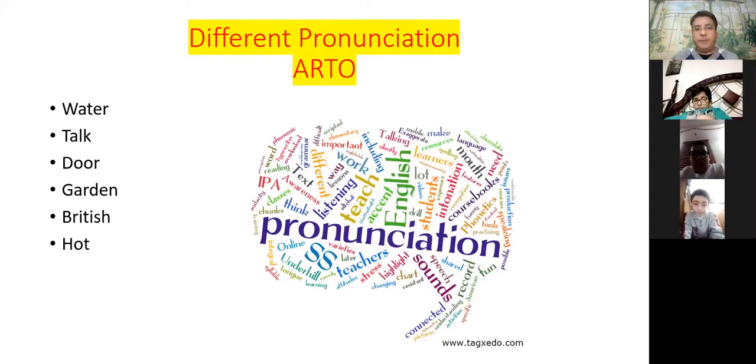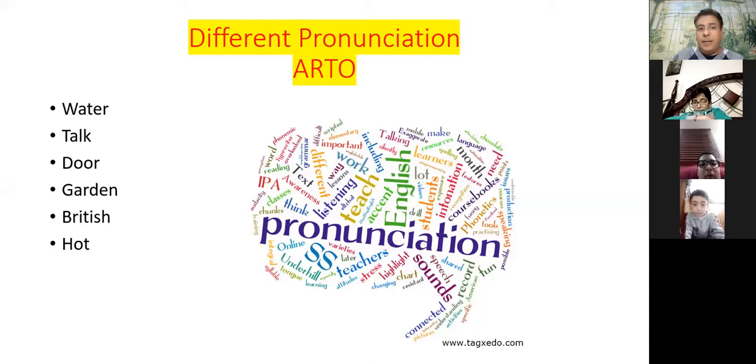Firstly, let's remember different pronunciation in 4 letters between American and British accents. A-R-T-O, just a word called Arto. And we talked about the difference in pronunciation of water in British and water in American.